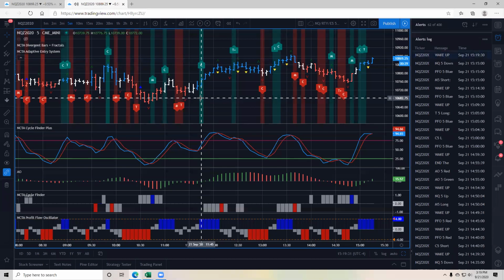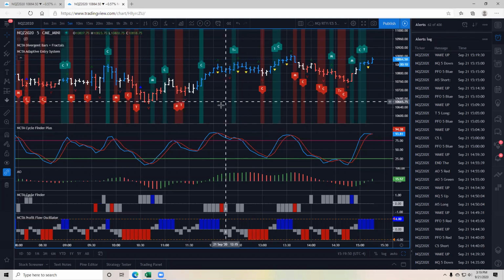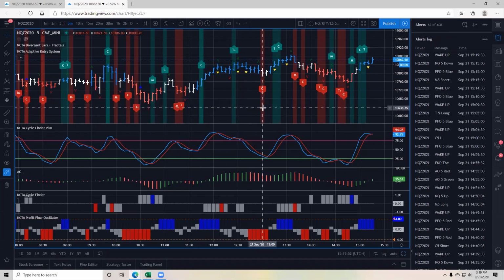If you're trading options, you're going to buy to open a call or some other long strategy. When we see a vertical red bar in futures, we're going to go short. If you're trading options, you're going to buy to open a put or some other short strategy. It's really that simple. Green long, red short.